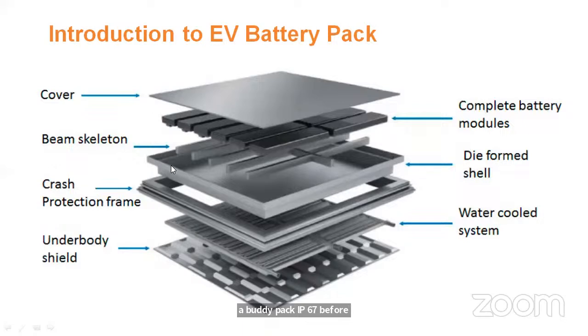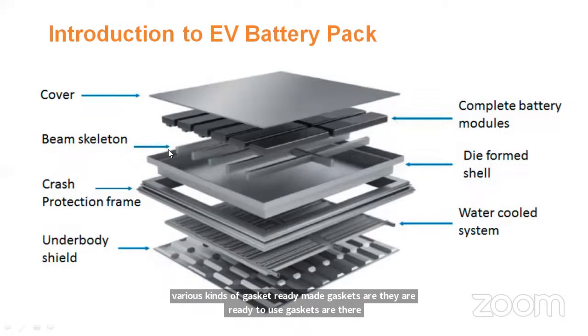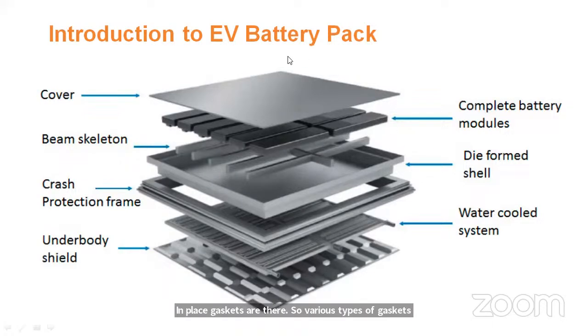There are various kinds of gaskets: ready-made gaskets, ready-to-use gaskets, form-in-place gaskets. We apply those gaskets here, then put this top plate onto that and tighten with the nuts and bolts so that there is no gap between these two interfaces and water does not go inside.